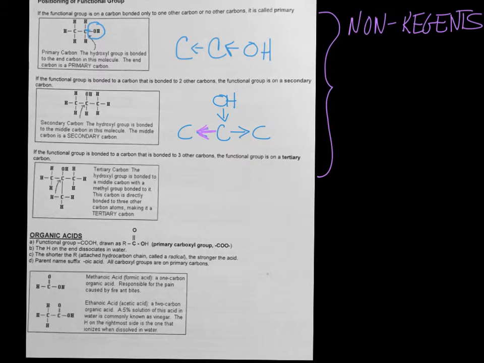I'm going to make these a different color. And I guess by now you can figure out what a tertiary alcohol is, and that's when the OH group is attached to a carbon, and then that carbon is attached to 3 other carbons.